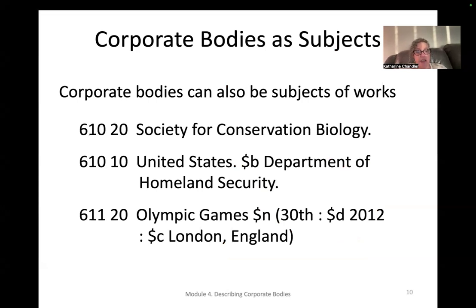Here's a 610 field with a 2 first indicator and a 0 second indicator for the Society for Conservation Biology. And you have another example with the United States and a subfield B, Department of Homeland Security, and a 611 example for the Olympic Games and a subfield N for the 30th Olympic Games in 2012 in London, England.